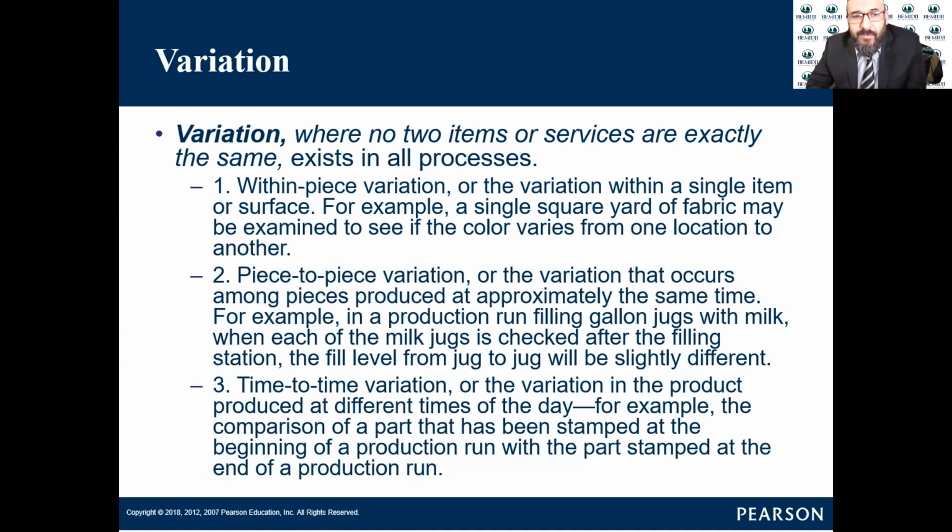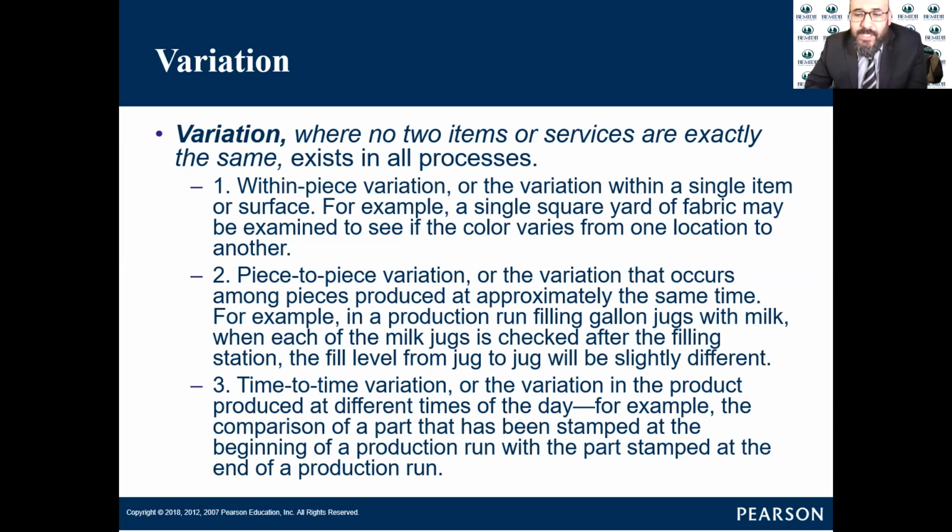The second type could be piece to piece variation, which occurs among pieces produced at approximately the same time. For example, in a production run filling gallon jugs with milk, when each milk jug is checked after the filling station, the fill level from jug to jug will be slightly different. So that would be piece to piece, and that could be a normal variation or assignable variation.